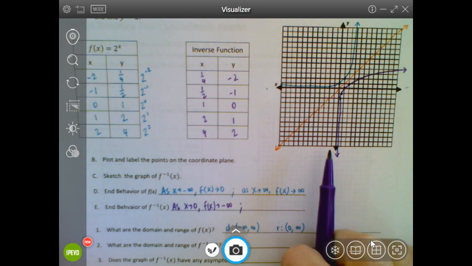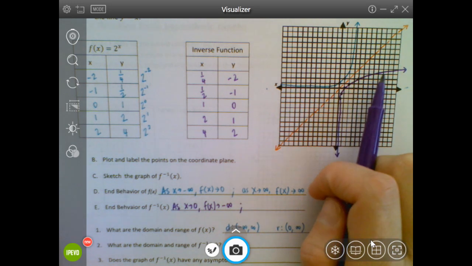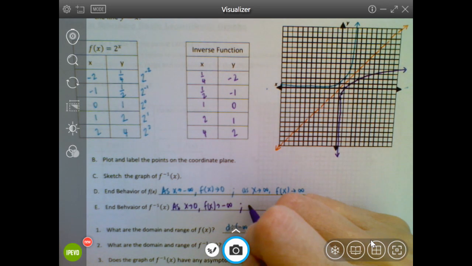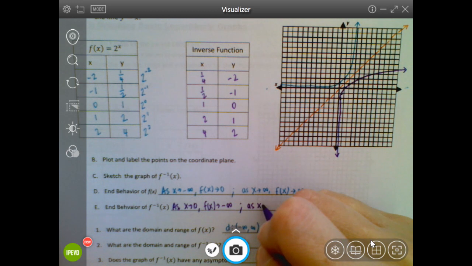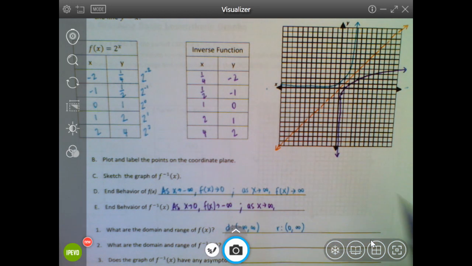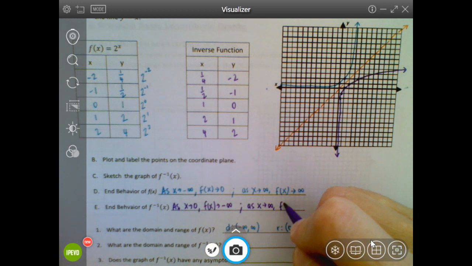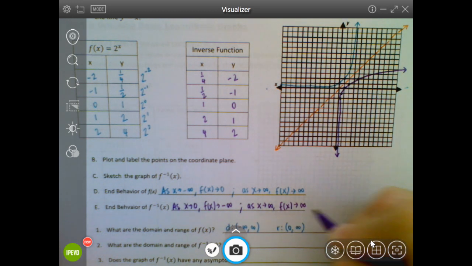On the right side of our graph, we'll notice that the x values are actually approaching positive infinity. So as x approaches positive infinity, what is our graph doing? Well, as the numbers get larger and larger, our y values are also going to get increasingly larger. So I'm going to say f of x is approaching positive infinity.